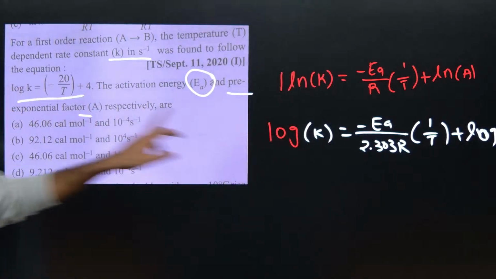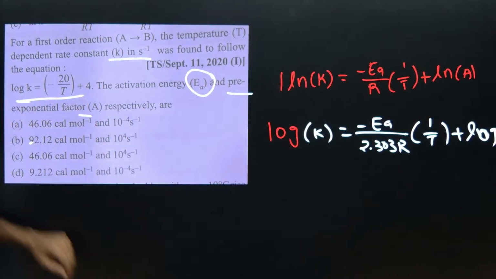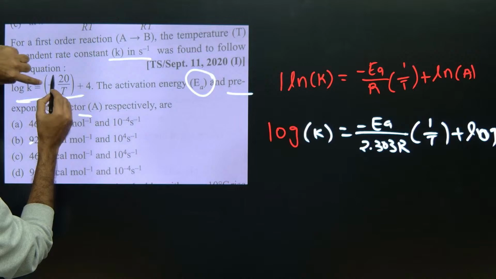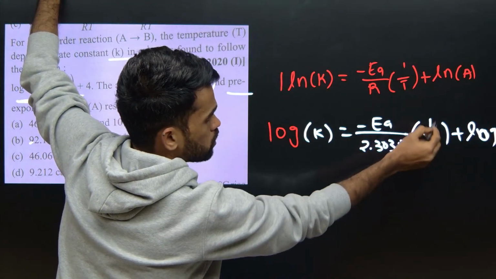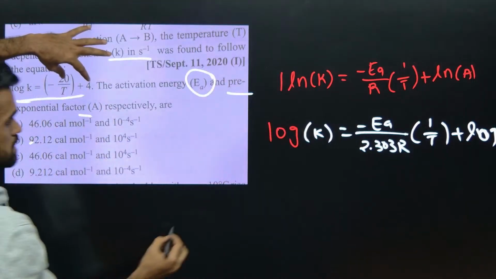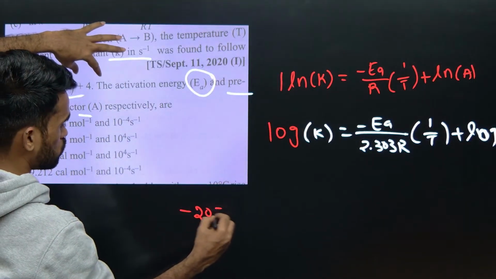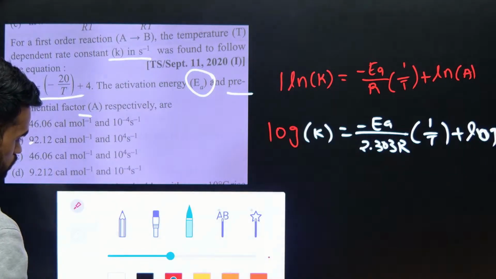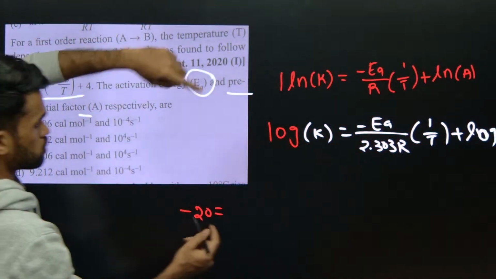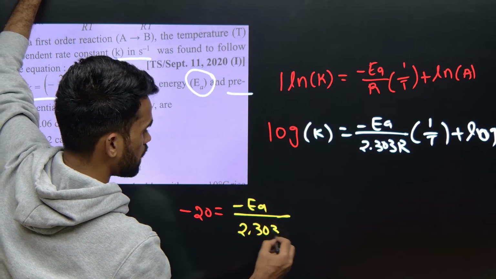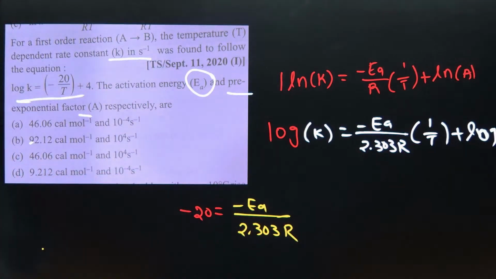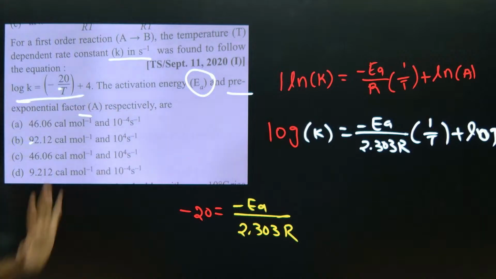Now compare the given equation with this particular equation. Wherever we have minus 20 by T, there we have minus EA by 2.303 R into 1 by T. So this is nothing but minus 20 is equal to minus EA by 2.303 R, that's it, because 1 by T is there on both sides.